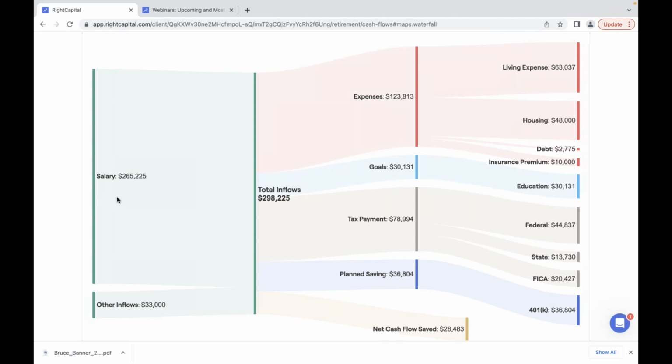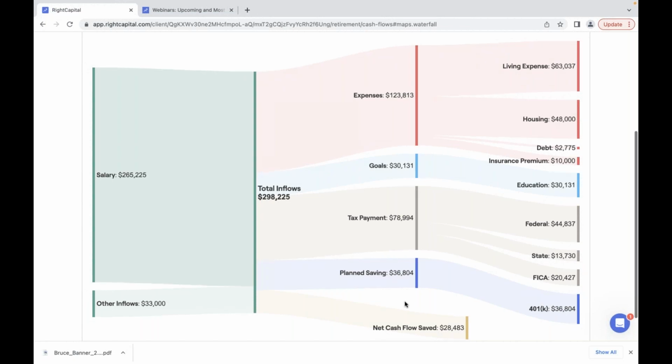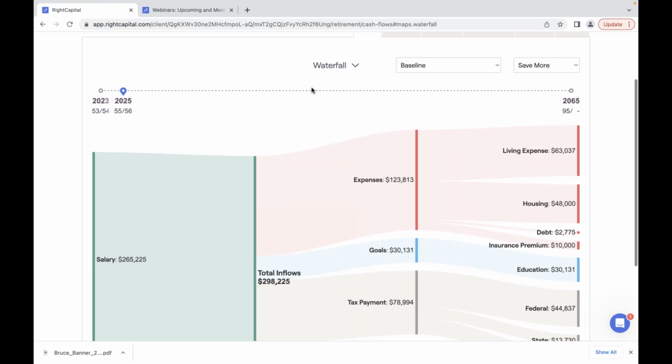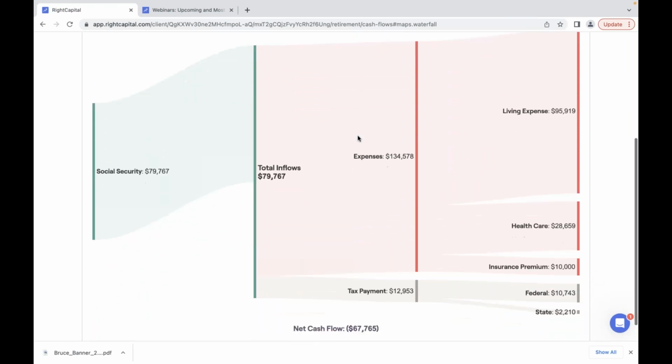Great. Is the net flows just taxable savings? So that's a really good question. The net flows represents what's left over, right? So if we have negative net flows, that is money that needs to be funded from our invested assets. Then we look to that sequential drawdown sequence, or customizing that sequence, to say how are we funding our negative cash flows?